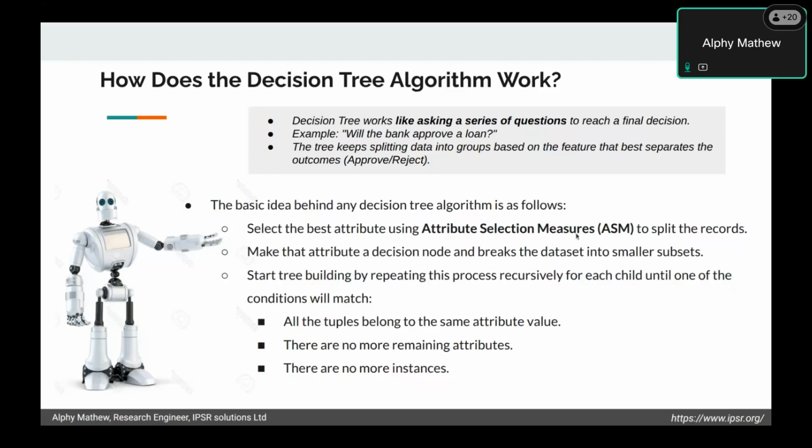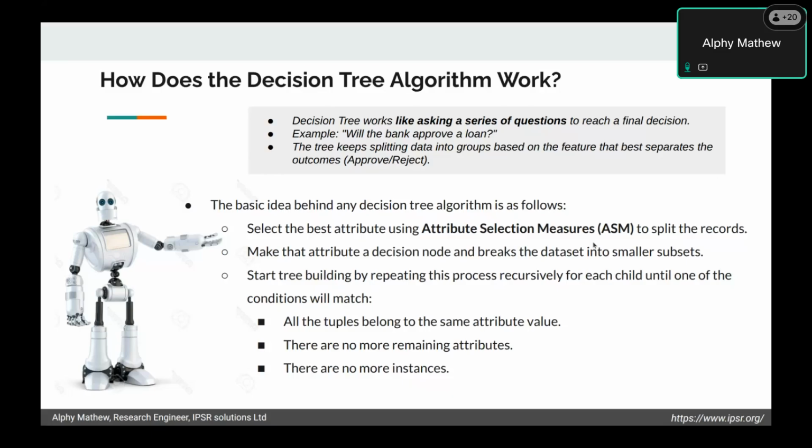Using those, we will look into how the tree is built. Okay, so the steps are given here. The basic idea is that we take all the features, that is all the columns in the data set, and find the most important column by using any of the ASM measures like entropy or information gain.